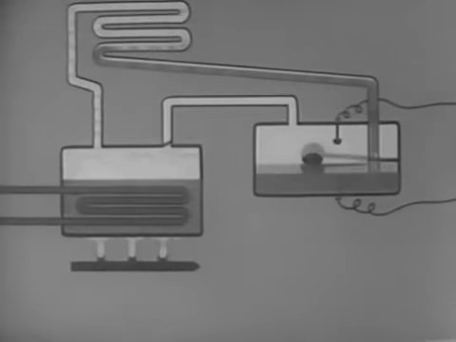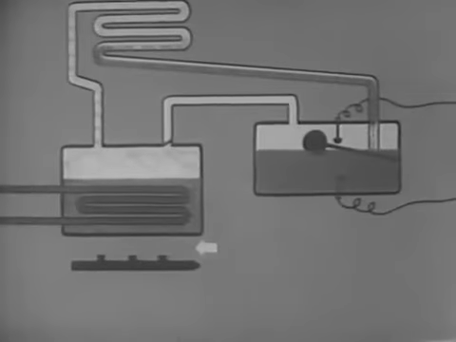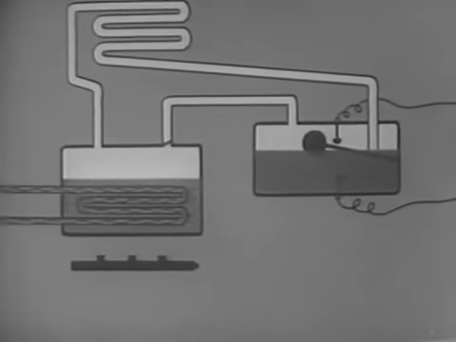As the liquid refrigerant accumulates, the float rises until it reaches an electrical contact point, setting off a device which automatically turns off the flame of the burner. The same device also sends a stream of water through the coil in the generator. The absorbent which surrounds the coil is thus cooled.